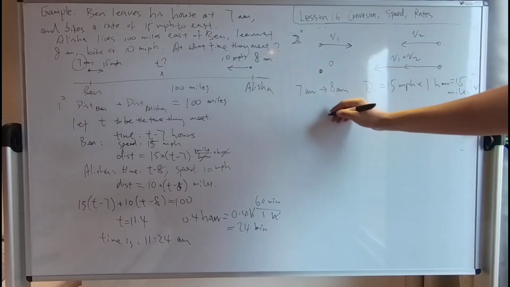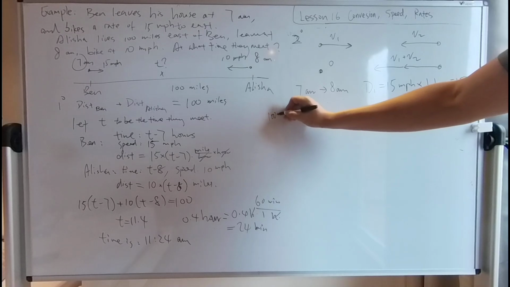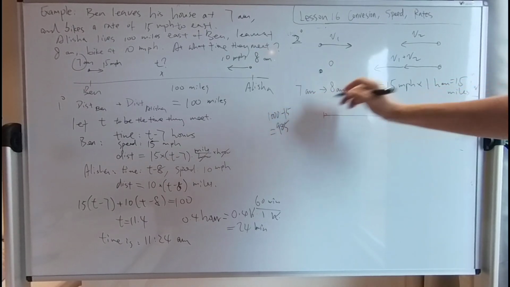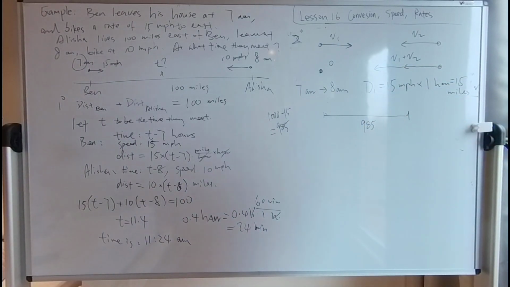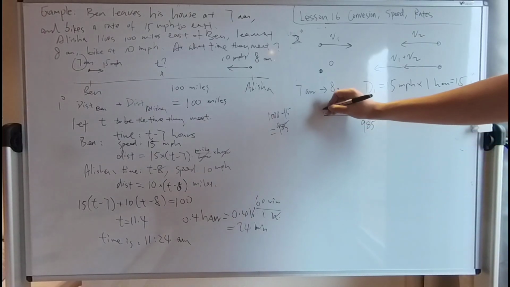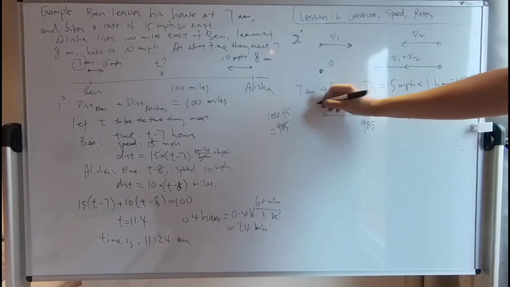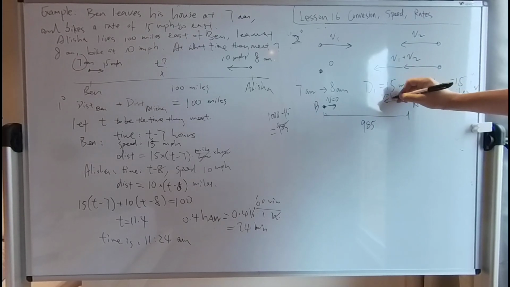Which means in order to convert the two velocities into one composite velocity, we take out this extra 15 miles, so that when both people start moving, their relative distance is 85 miles. If I set Ben to be steady with v equal to 0, then Alicia's speed is Ben's speed 15 plus her speed 10.